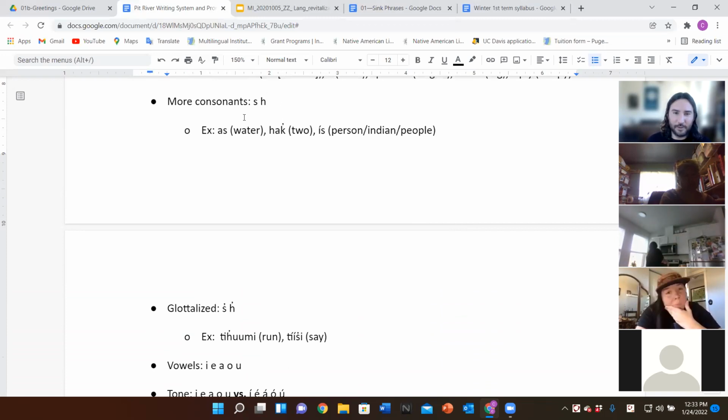So okay, next bullet point, we have S and H. These are pretty straightforward. It's S just like English, except S can also sound like sh, like an SH would in English. There isn't really a distinction between S and sh in Pit River.